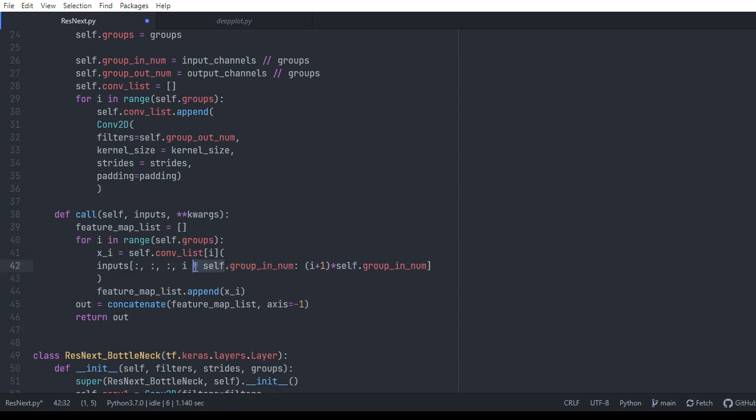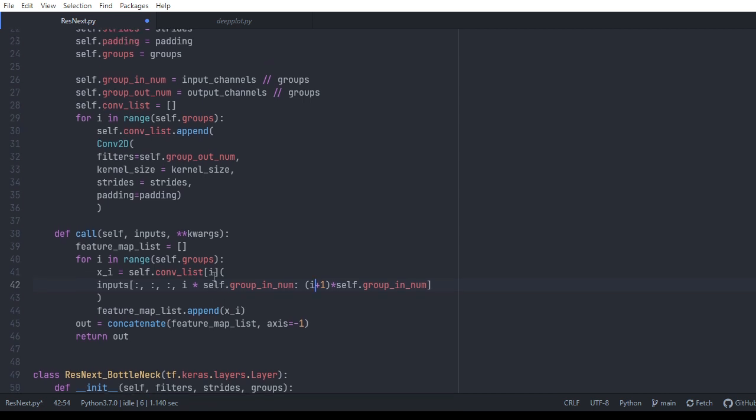Then we go from 4 to 8, then all the way up to when the groups are now 32.